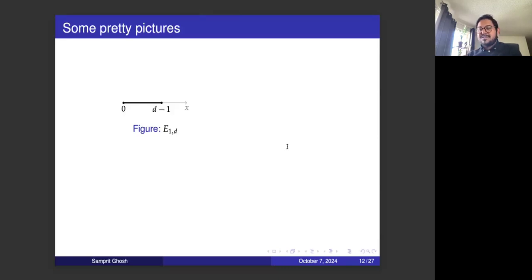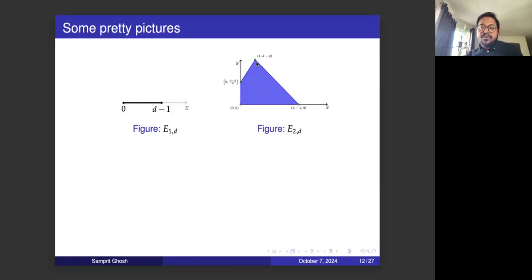Now here are some pictures. We saw what E1D looks like. It's 0 to d minus 1, that interval. Here's what E2D looks like. So for any d, we're taking k to be 2. E2D looks like this quadrilateral. One thing that I would like you to note is that E1D is contained in E2D. So the 0 to d minus 1 is still there.